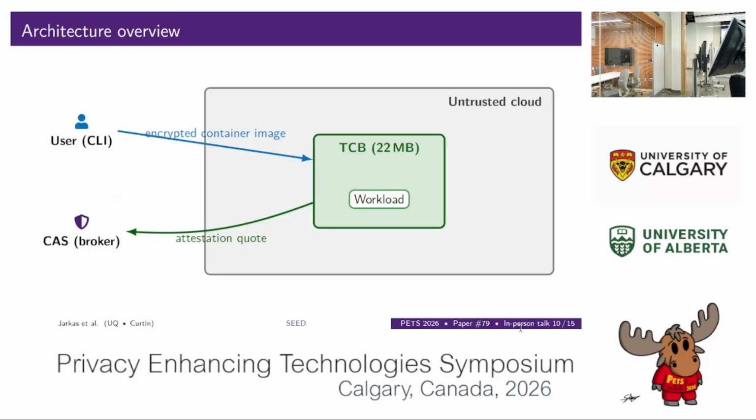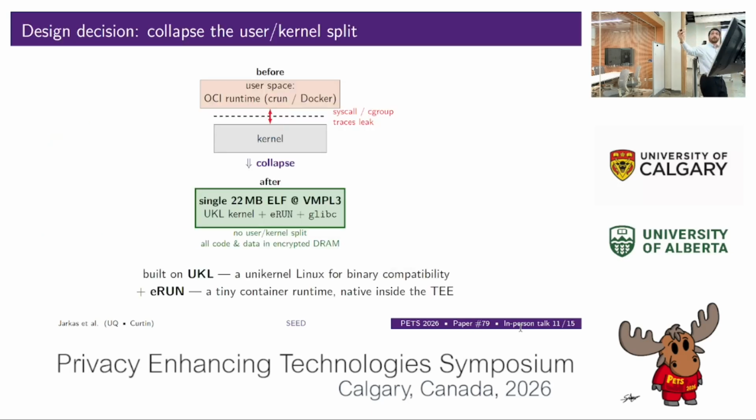This is the architecture that we made, where we have a configuration and attestation service that runs inside our TEE, and you have a user that is literally a CLI. The user would encrypt the container on their end, sign it, and then it would go to an encrypted container registry, and then it would be deployed at runtime in our TCB.